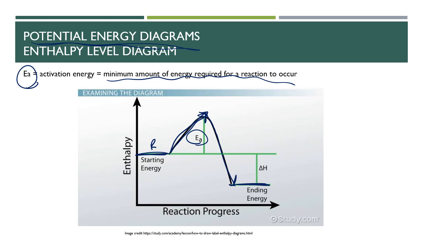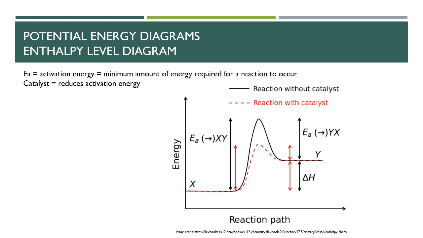Ending energy is here, which means that this is a negative delta H. This one happens to be an exothermic reaction. But the difference between the starting energy and that energy required to break the bonds of the reactants is known as the activation energy, the minimum amount of energy required for a reaction to occur. That's a good vocab word to remember.